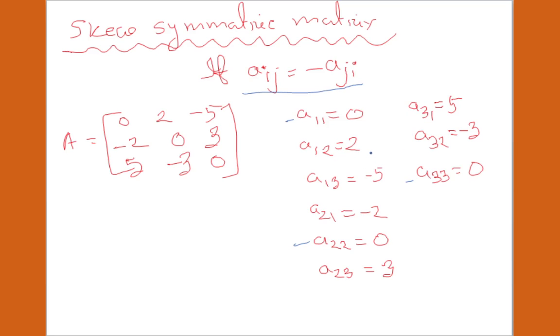So A12 is equal to 2, A21 is equal to minus 2, negative. A13 is minus 5, A31 is plus 5, minus of minus 5 is plus 5. A23 is 3, A32 is minus 3. So this is a skew symmetric matrix.